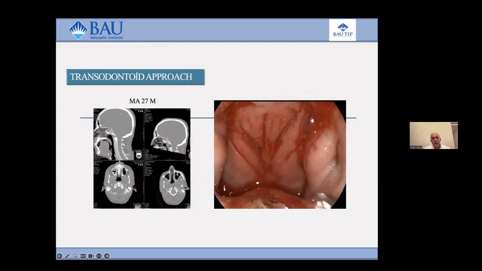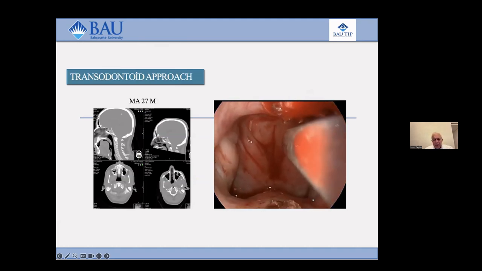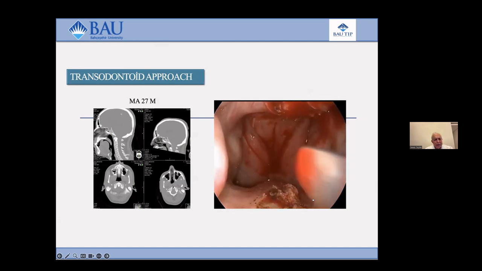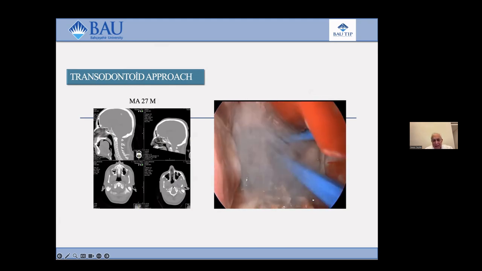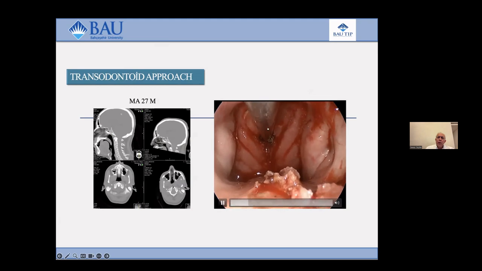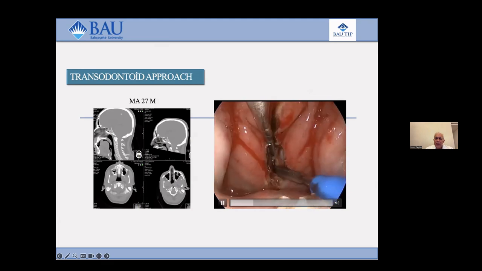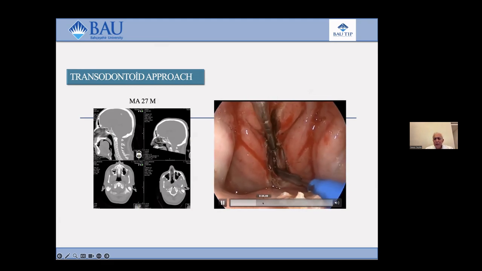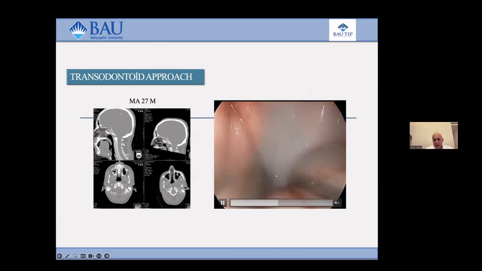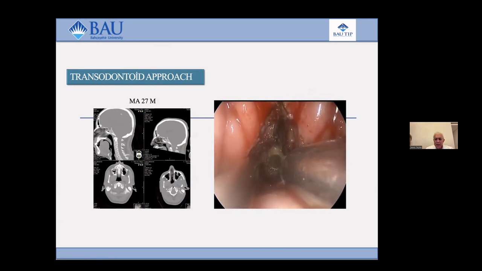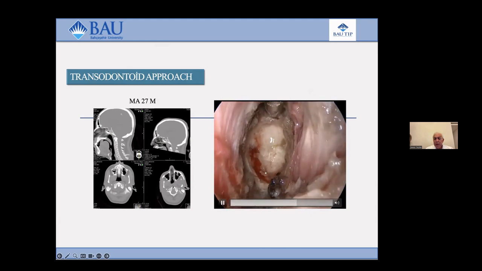In the last case, basilar impression and other congenital pathologies, you can prefer the transodontoid approach. The endoscopic transodontoid approach is a very easy approach. We routinely used a vertical incision, and we opened the buccopharyngeal fascia, and then we dissected the craniocervical muscles, and we reached C1, and we drilled the C1 arch, and we explored the odontoid tip.